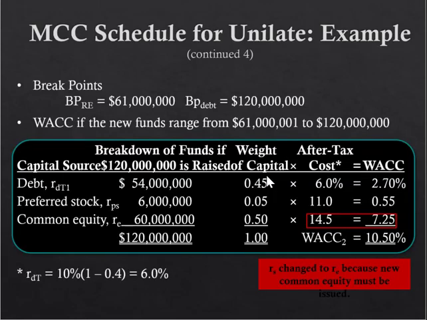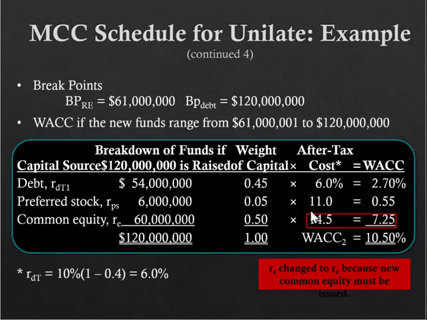However, if we really want to blow this out a little bit and raise $120 million, we've got a break point at 61 and a break point at 120. So if we're going to raise from $61 million and $1 to $120 million, you would need to raise additional common equity beyond what was retained earnings.